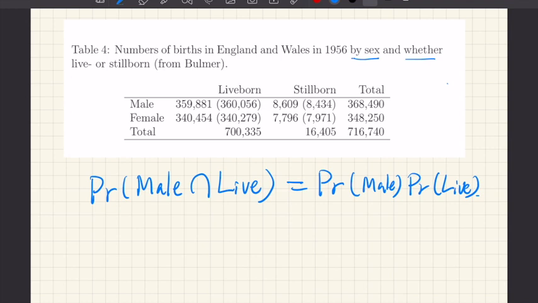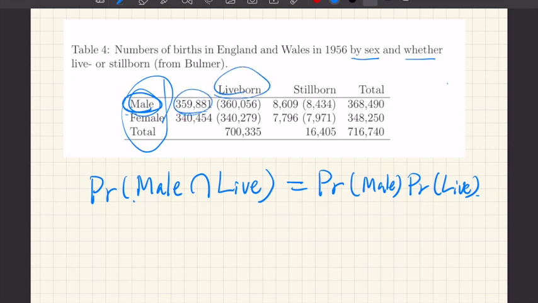We should check this probability from this category, so one of this and one of this.